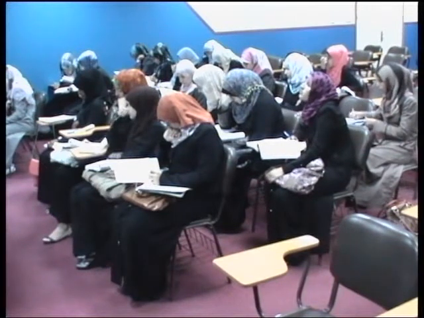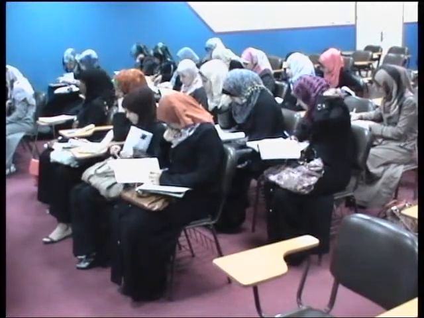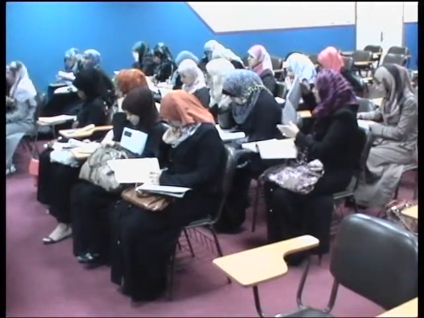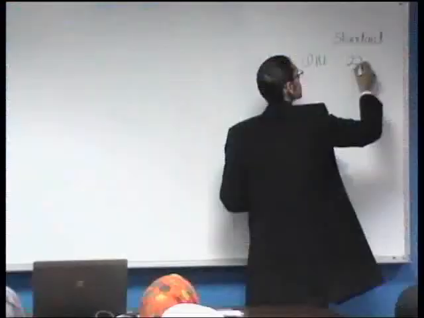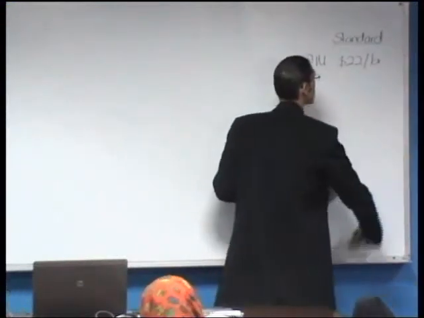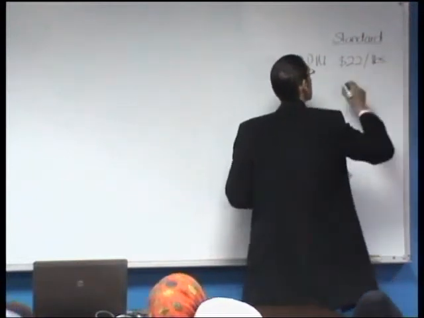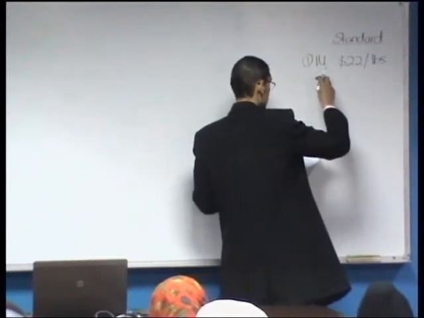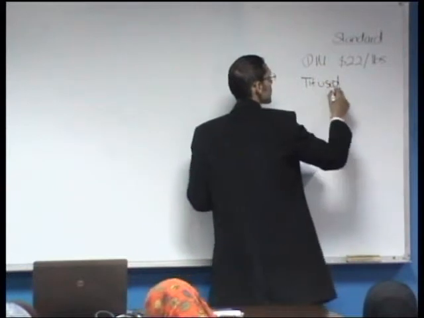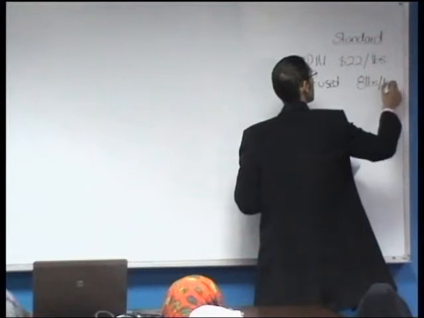Cost of titanium, $22 per pound. Titanium used per bicycle is 8 pounds per bike.